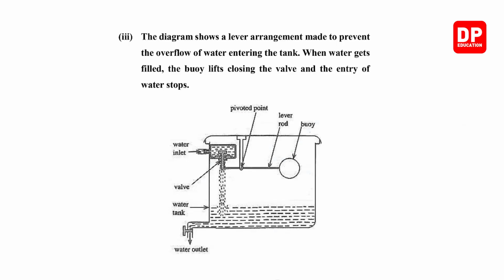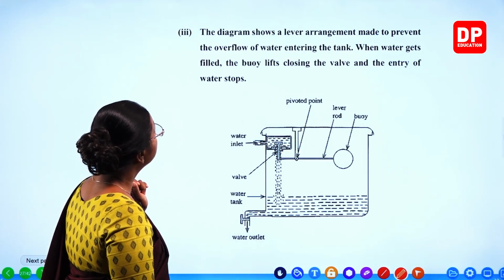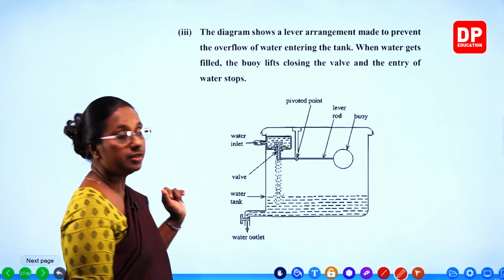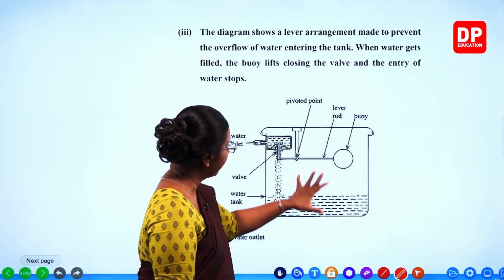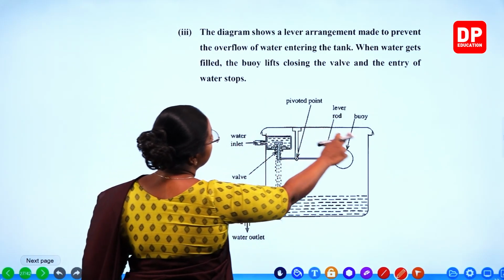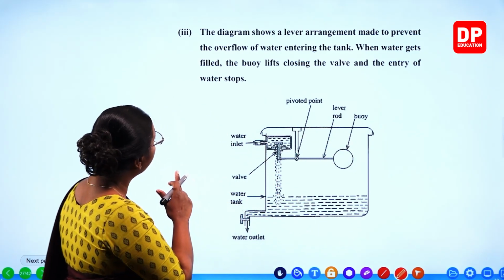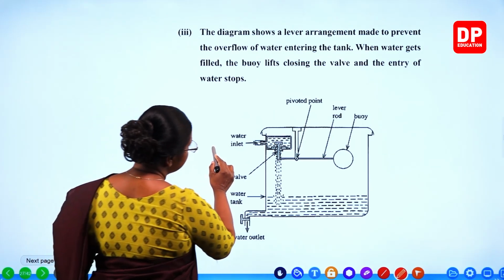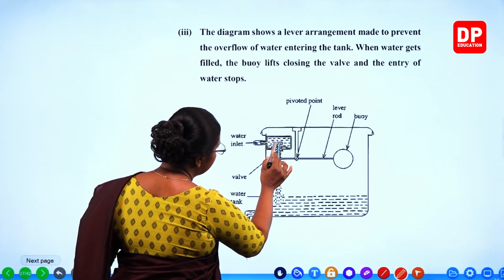This is the third part of the question. The diagram shows a lever arrangement made to prevent the overflow of water entering the tank. When water gets filled, the buoy lifts, closing the valve, and the entry of water stops. So here, if you look at the diagram, this is an arrangement to prevent the overflow of water entering the tank. You can see there is the water inlet, then there is a valve.